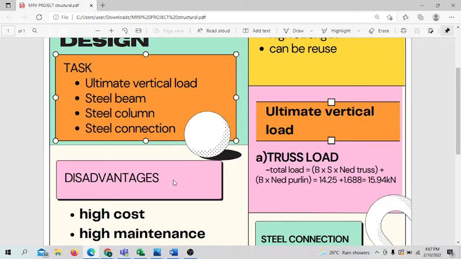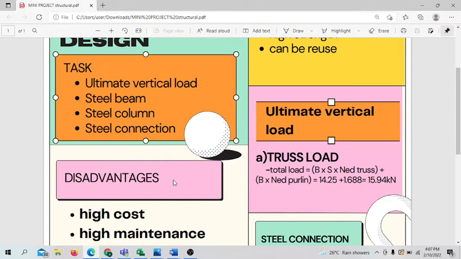Okay, first we go to the truss load, which is total load equal to B times S times NED truss plus B times NED purlin, which is 14.25 plus 1.688 equal to 15.94 kilonewton.